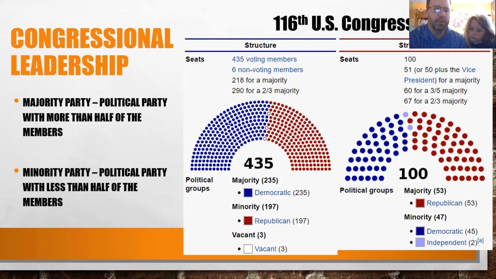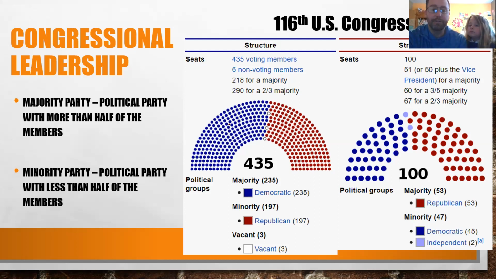So this is where the term majority and minority party comes from. When your party has more than the other party in the House or in the Senate, you're considered the majority party. And what that really is referencing is you have more power in the particular part of Congress, and your party is more likely to get things passed when you have the majority of the people from your party in the House or in the Senate.